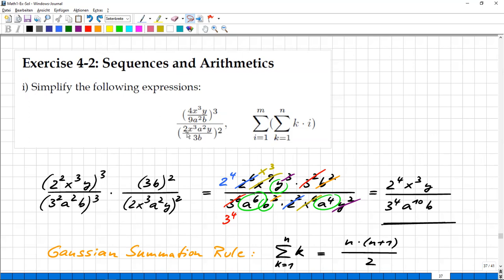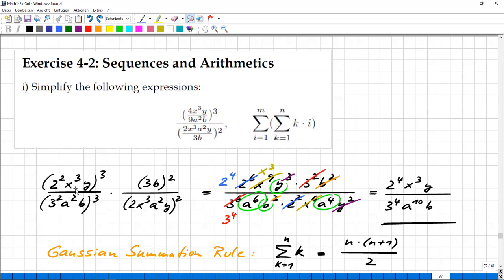Also, I remove the parentheses so that I have to square the numerator and the denominator. In the end, I get 3b in parentheses squared in the numerator, and in the denominator, I get this expression squared. That's the second part.